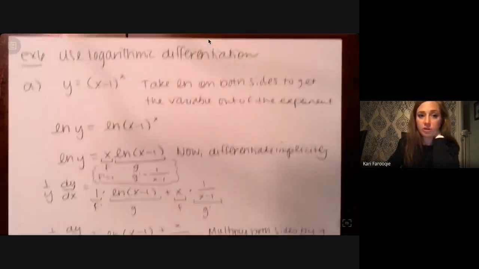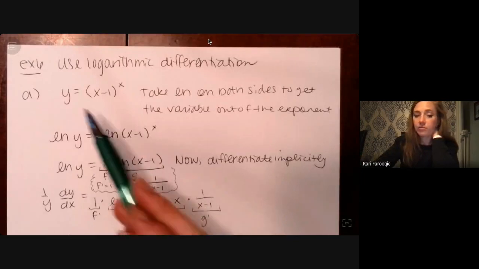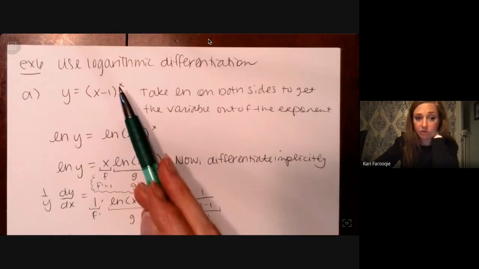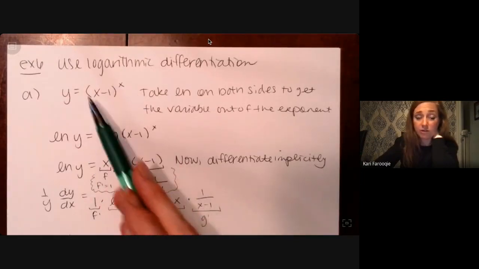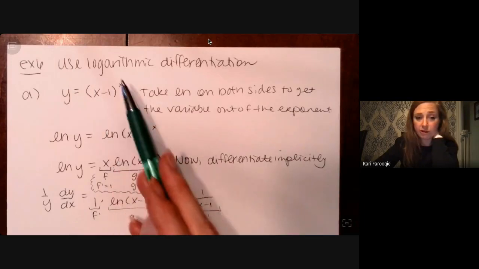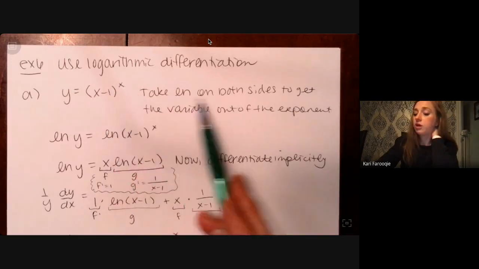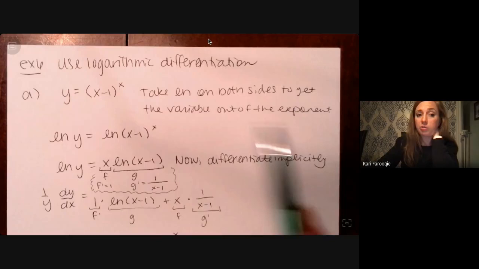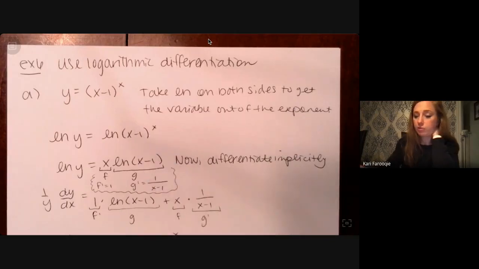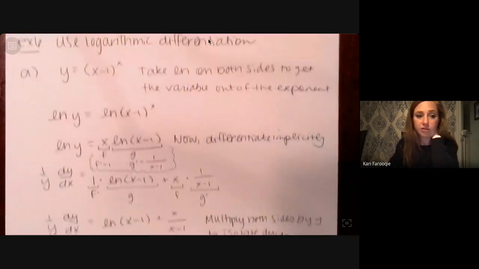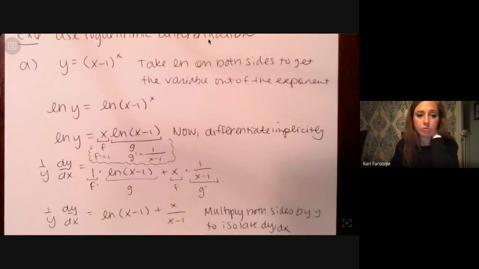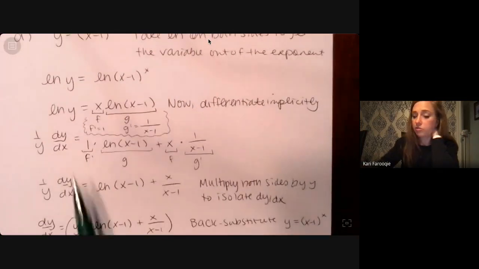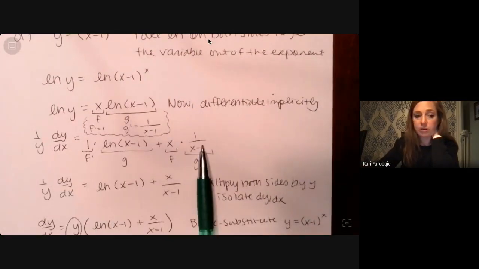Okay, so we started out by realizing that we needed logarithmic differentiation because we don't have a differentiation rule for u of x to the x. So we took a natural log on both sides to get the variable out of the exponent, used the power rule to pull the x out, and then took the derivative implicitly.